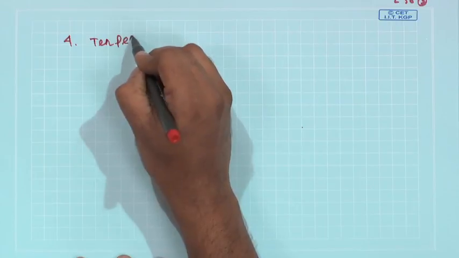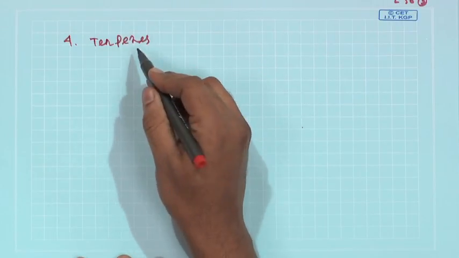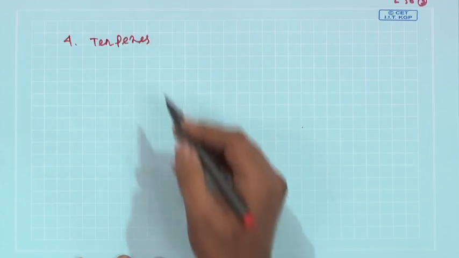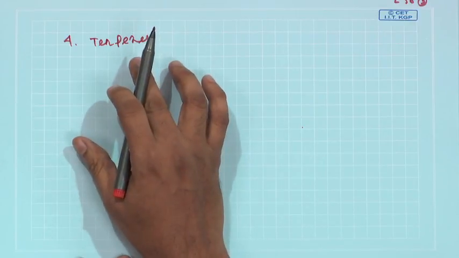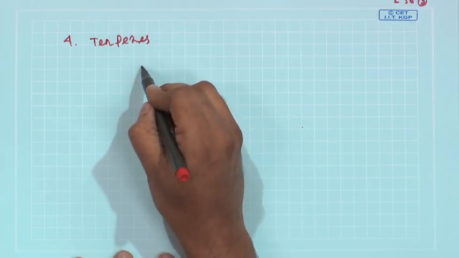terpenes. Terpenes, mainly monoterpenes, are a good source of simple chiral building blocks.